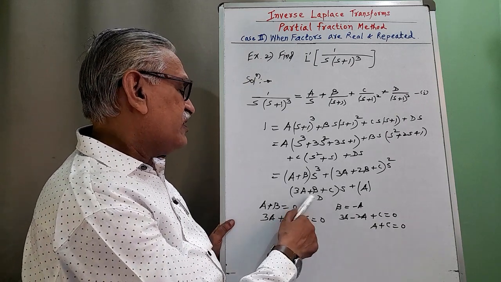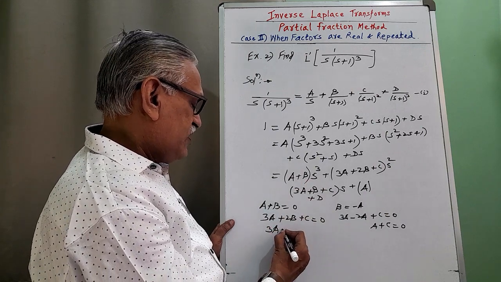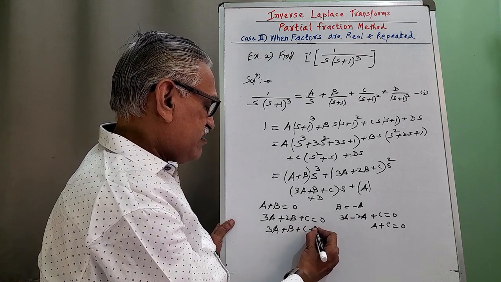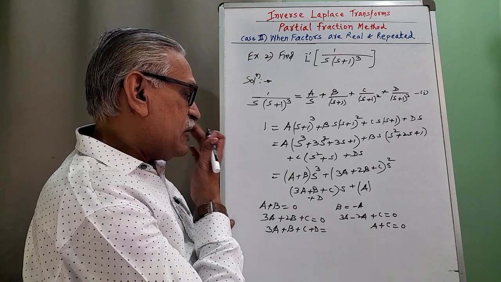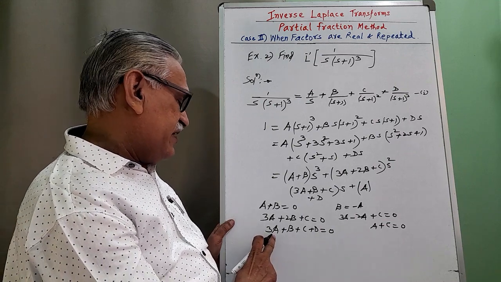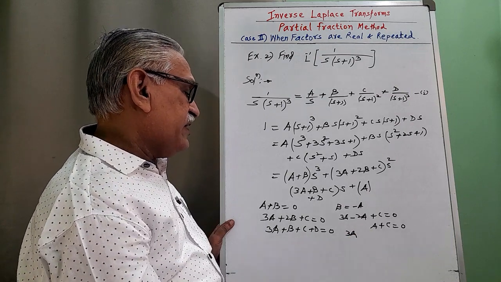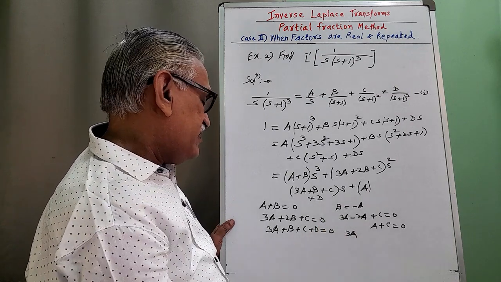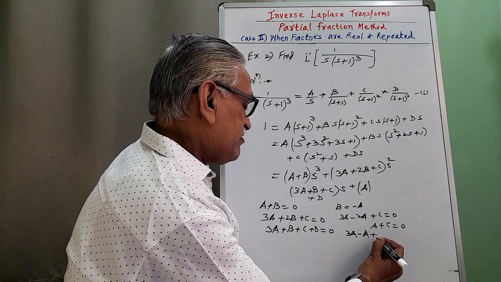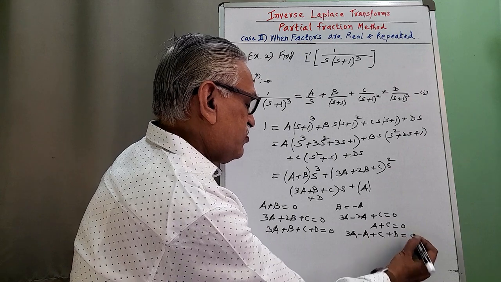Next one, the coefficient of s, 3a plus b plus c plus d, is equal to 0 since there is no term of s on the left. 3a plus b, the value of b is minus a, therefore minus a plus c plus d is equal to 0.